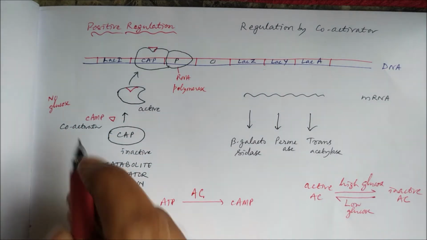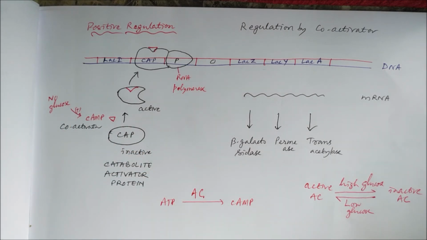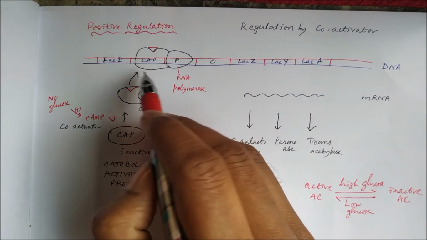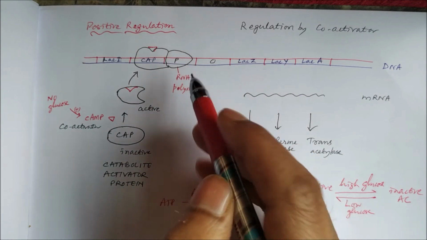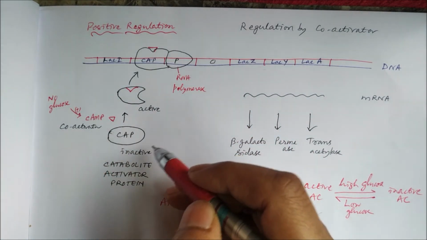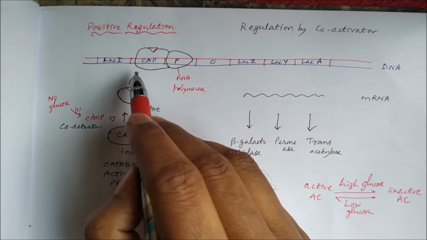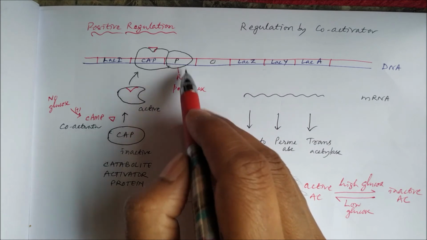So no glucose will activate the production of cyclic AMP, and cyclic AMP will do this positive regulation, and cyclic AMP will activate this catabolite activator protein, which will bind to the CAP site and will facilitate the action of your RNA polymerase.